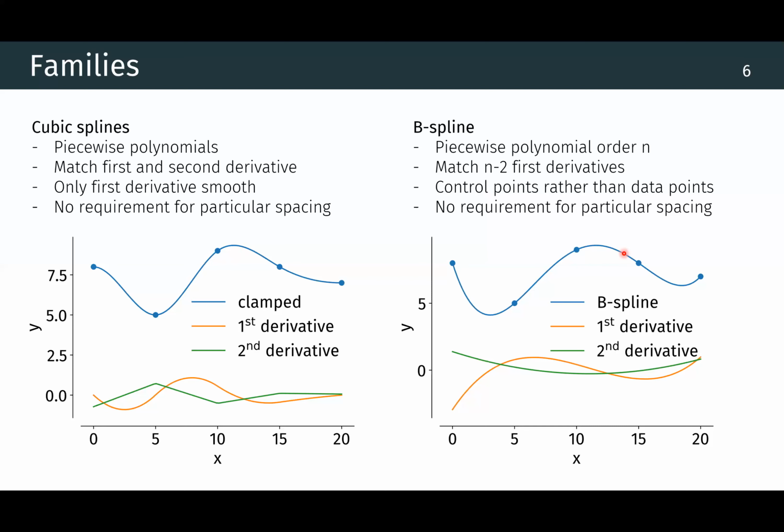Because for B-splines, it's the same concept. You match the derivatives between the individual points, and again, there is no requirement on the spacing of the individual points. For cubic splines, there's a problem of having 2 points close to each other with some error noise on those.